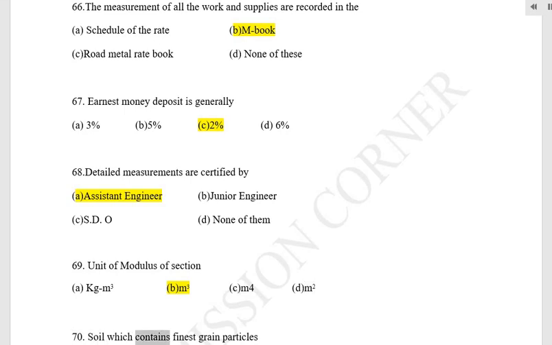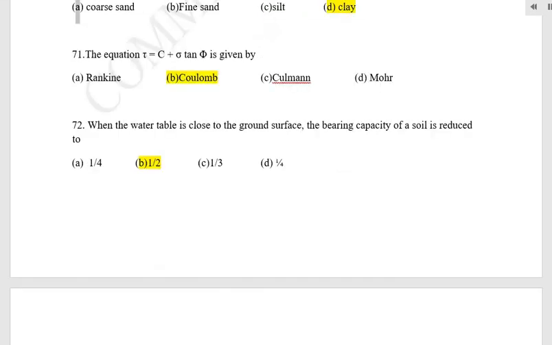Soil which contains finest grain particles: A. Coarse sand, B. Fine sand, C. Silt, D. Clay. 71. The equation tau equals c plus sigma tan phi is given by: A. Rankine, B. Coulomb, C. Coleman, D. Moore.